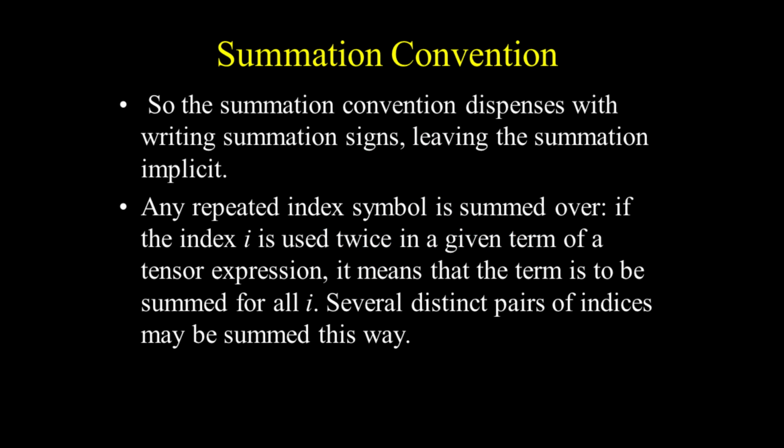So the summation convention dispenses with writing summation signs, leaving the summation implicit. Any repeated index symbol is summed over. If the index i is used twice in a given term of a tensor expression, it means that the term is to be summed for all i. Several distinct pairs of indices may be summed this way.